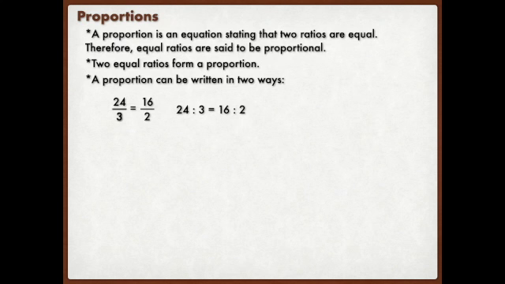Now you can see in the example at the bottom, we have 24 over 3. That's one fraction. Now remember, I can write that one fraction two different ways. I can write it with a colon, 24 to 3, or I can write it out the way I'm saying it: 24 is to 3.